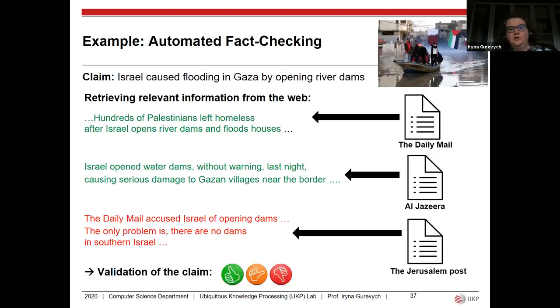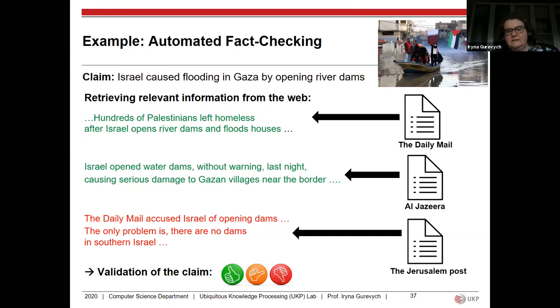One particular example that we explore in our current work is a further development of this technology under automated fact-checking. Here the main difference is that the input is not a short phrase like in the work I have presented today, but a whole statement like Israel caused flooding in Gaza by opening river dams. So it's much more complex.